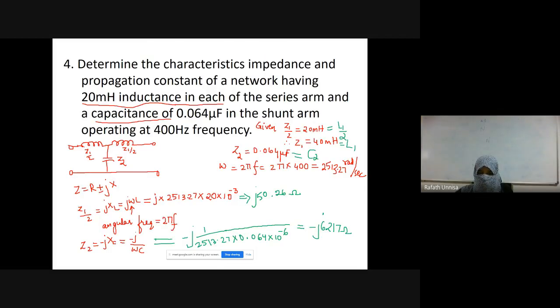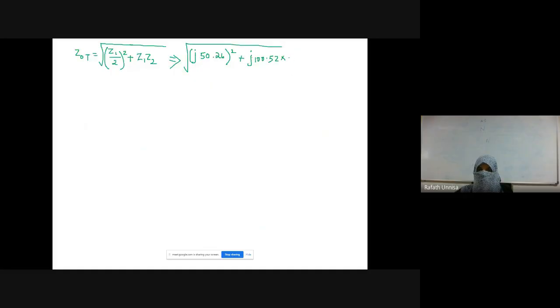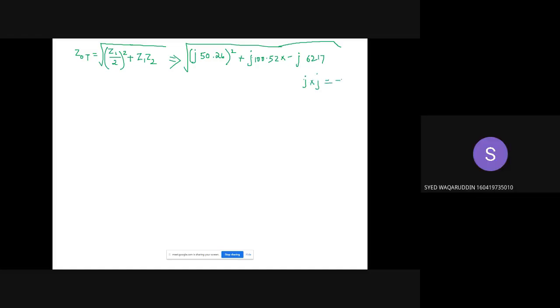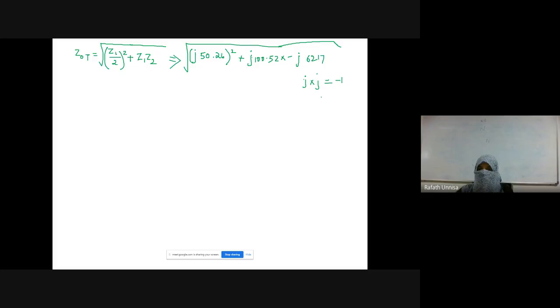Z2 is minus J 6217. I hope you know that J into J equals minus 1. So with this you will find that this minus we can get rid of. Give me your simplified answers for this.